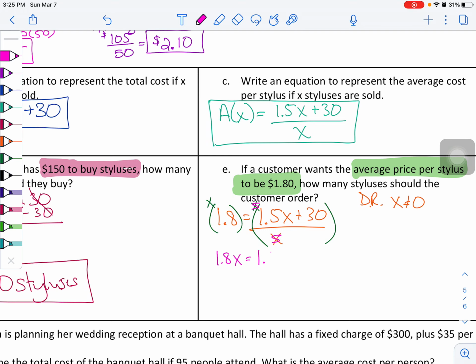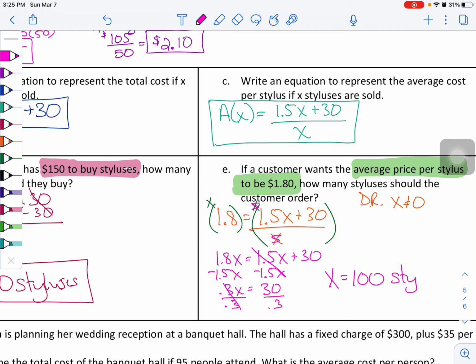LCD here is going to be x. So I'm going to multiply both sides by x. So I'm going to get 1.8x equals, now on the right side, the LCD and the denominator completely cancel. So let's subtract 1.5x from both sides. So 1.8 minus 1.5 should be 0.3. That's what I thought, but I wanted to double check. Equals 30.